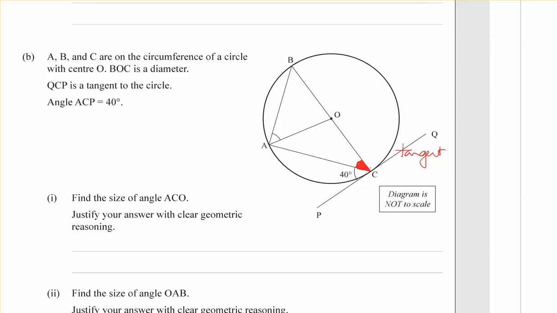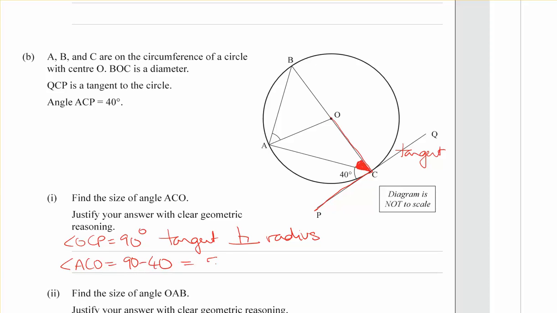So I know that angle OCP is going to equal 90 degrees because a tangent is perpendicular to a radius, which means that angle ACO is going to equal 90 minus 40, which will be 50 degrees.